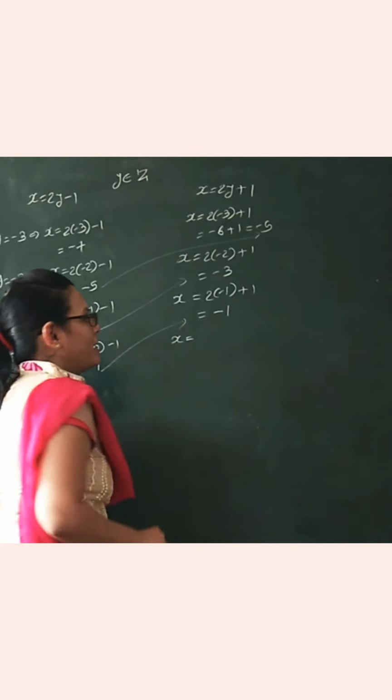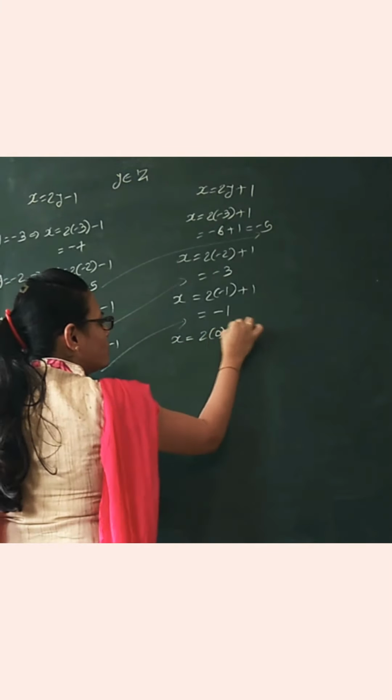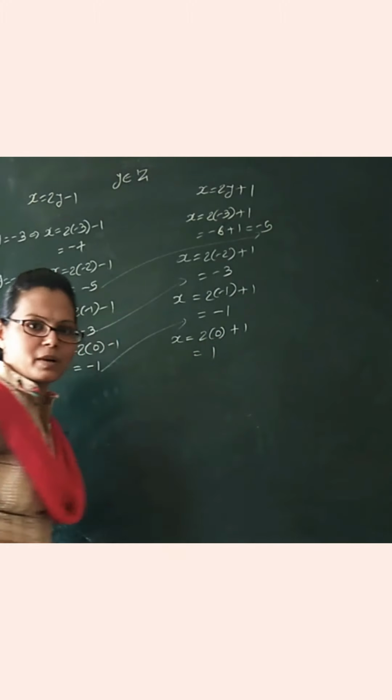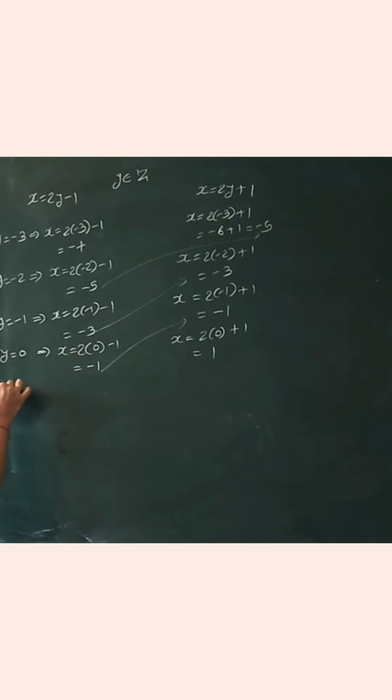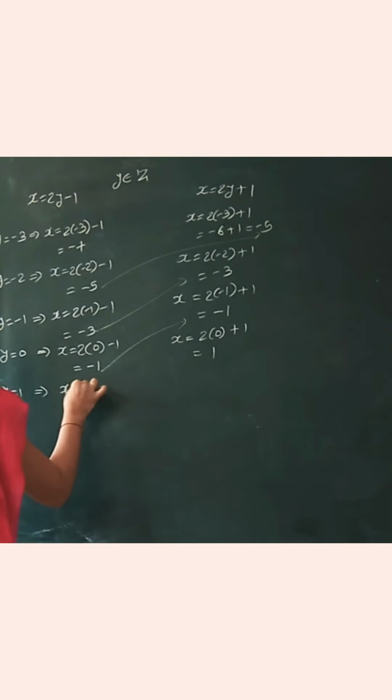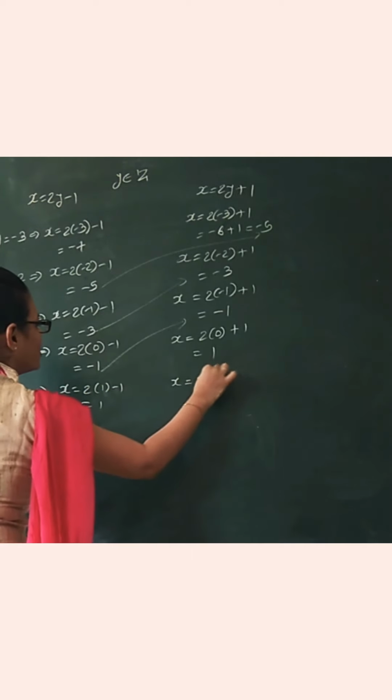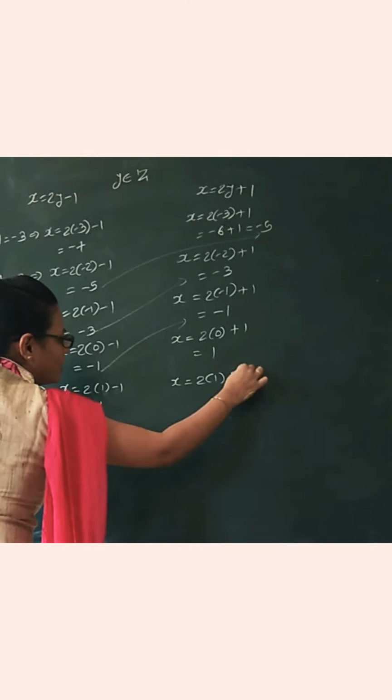Here, put value 0, so your answer is plus 1. Now we are in our comfort zone, positive numbers. So 2 times 1 minus 1, that is 1. Here if you put 1, 2 plus 1, that is 3.